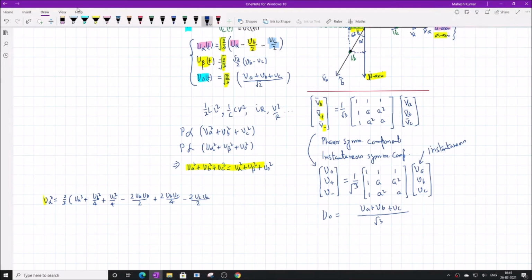This is the square of B alpha, and plus B beta square.